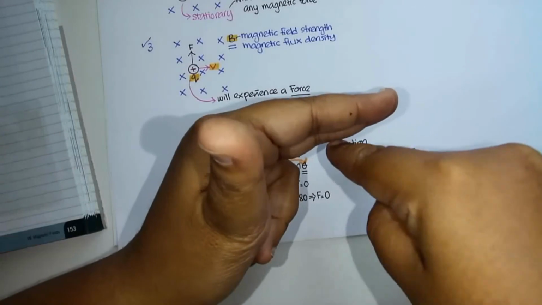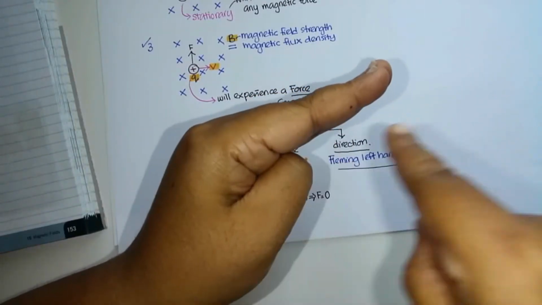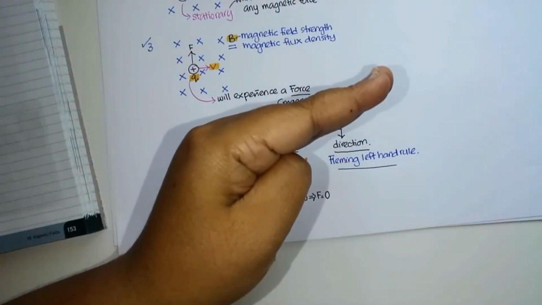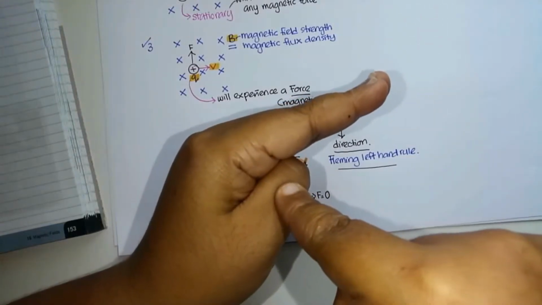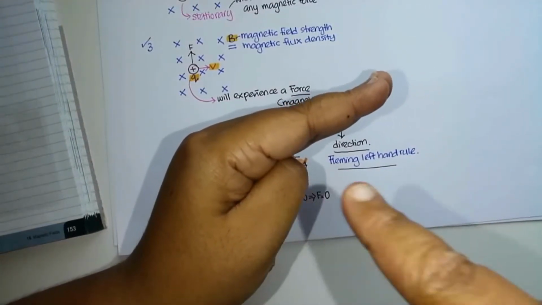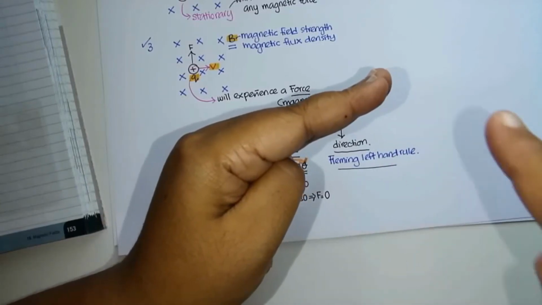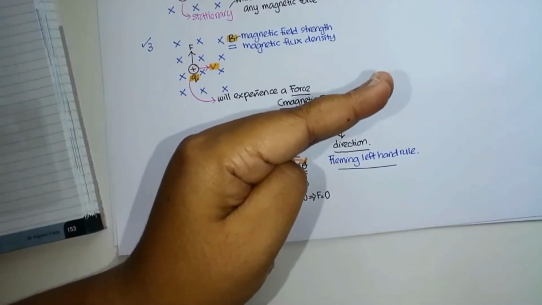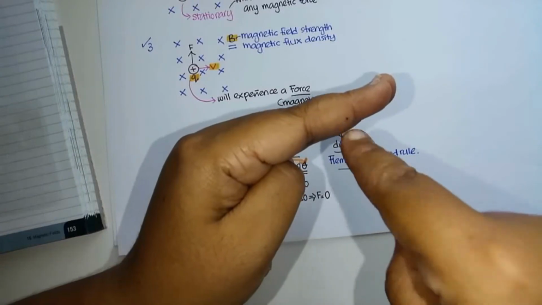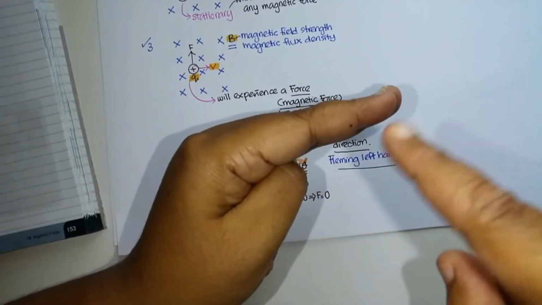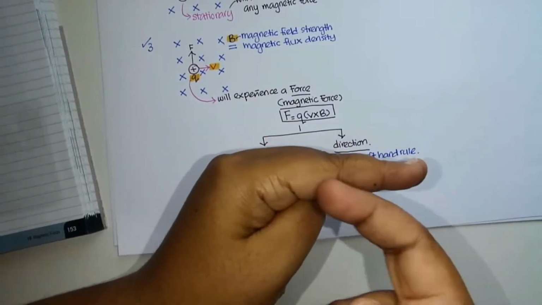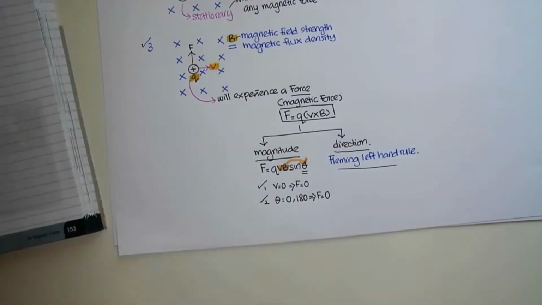When V and B are parallel, that means no magnetic force. So this means that no magnetic force acts on a charge that is moving in the direction or in the opposite direction to the magnetic field. So whenever V and B are parallel, there's no magnetic force, either at 0 degrees or 180 degrees.